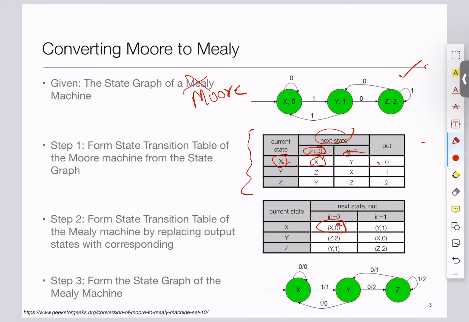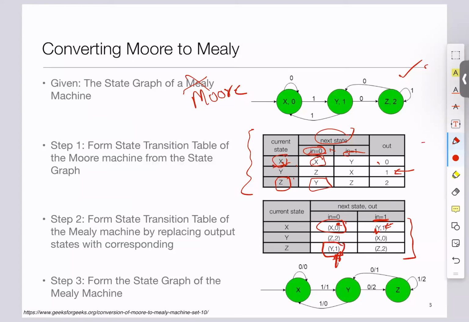Here, when the input was 1 and I was in state X, the next state is Y, and my output is the output corresponding to Y. So I create this Mealy state graph where I put the next state and the output which would occur in that next state from the Moore machine. Another example: if I'm in Z and the input is 0, the next state is Y, but the output in Y is 1.